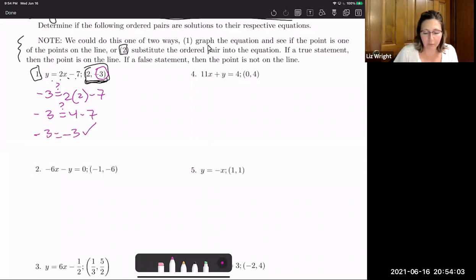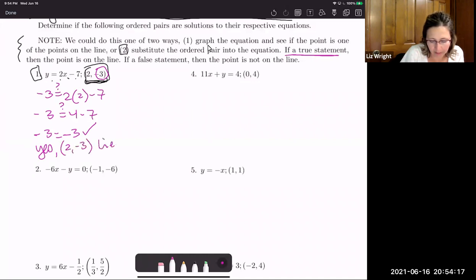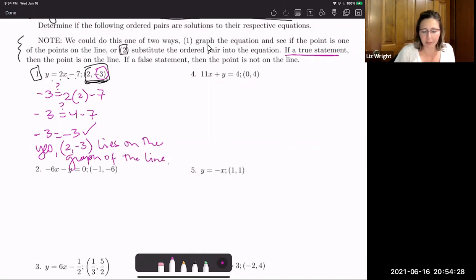So this is the one time I'm going to write out this big long statement, but this is a true statement. Yes, (2, -3) lies on the graph of the line. And the rest of them, I'm just going to say yes or no.